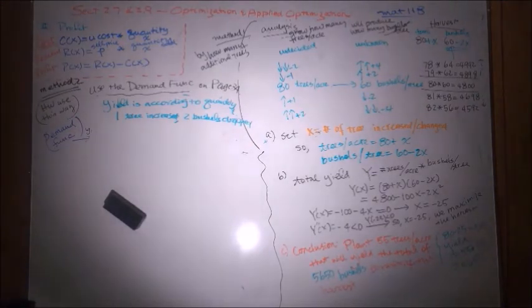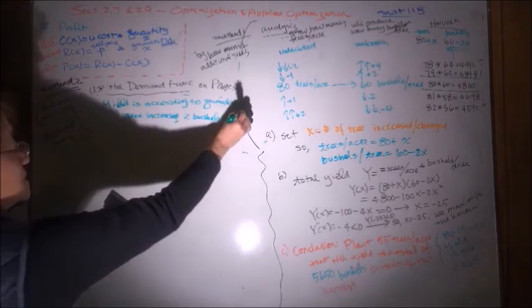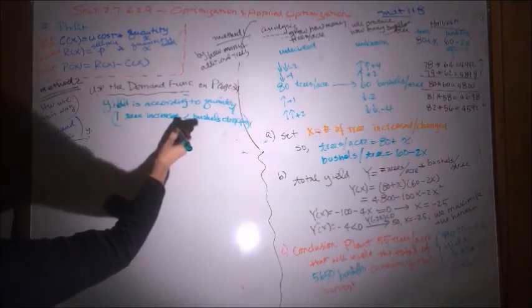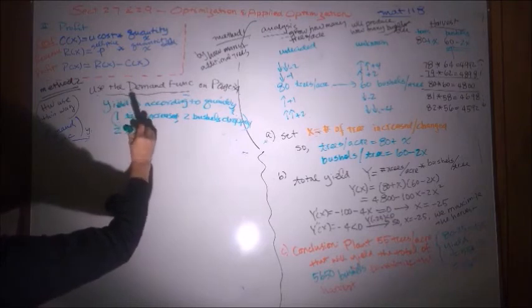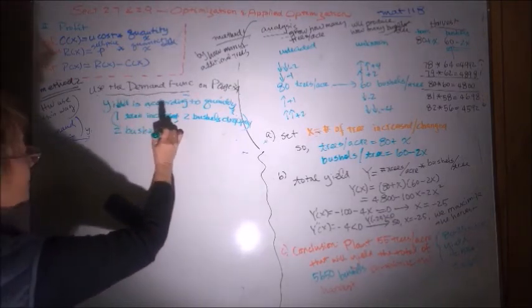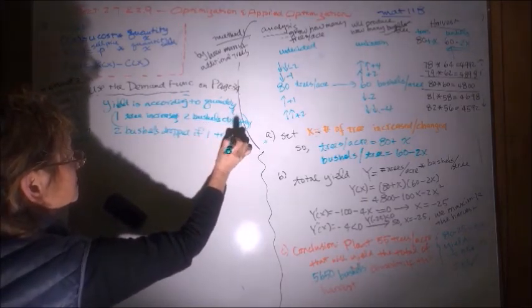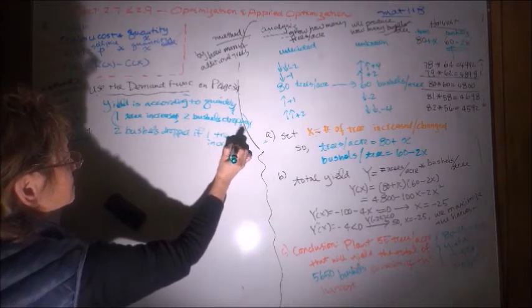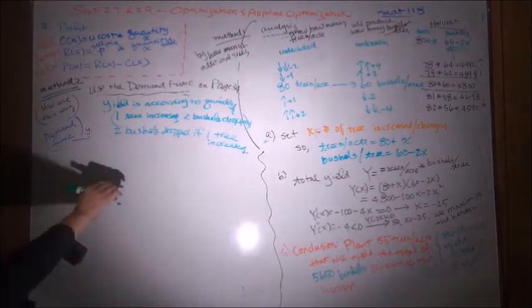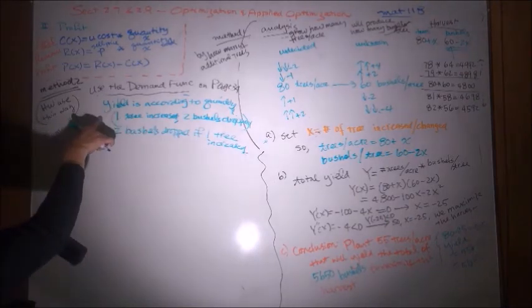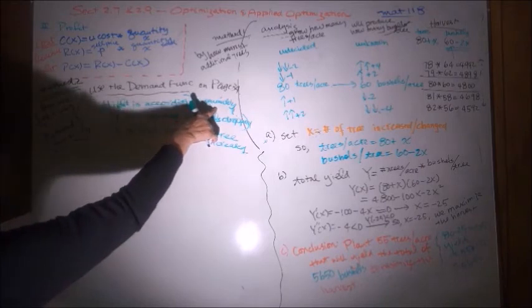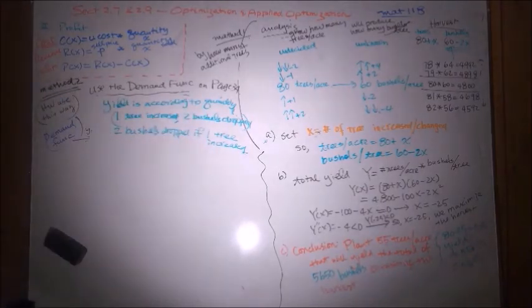Right? So what he's saying is, instead we say that quantity yield is 2 bushels. Okay, total how many bushels? So 2 bushels dropped if 1 tree increased. Okay, because bushels is your yield, and quantity we are talking about is how many trees per acre, right?